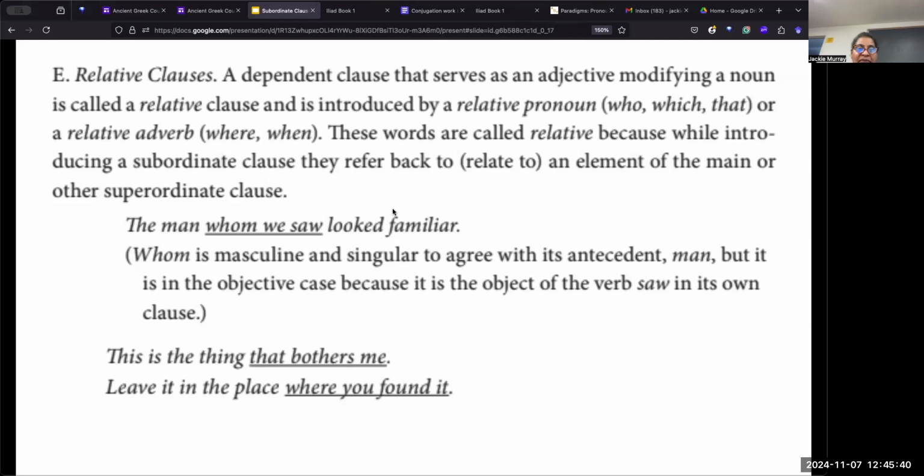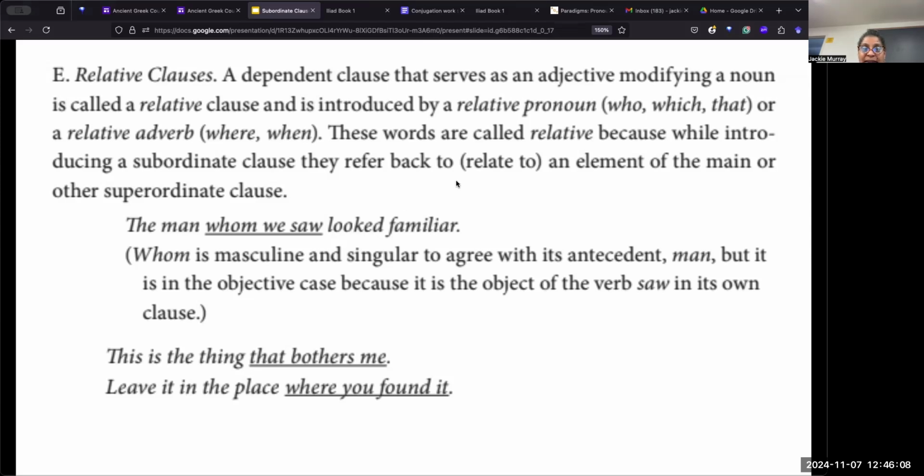So yes, we can modify the noun, and in English we call it the relative clause, when we use the relative pronoun, right? But the idea of the subordinate relative clause in Greek can be expressed a couple of ways. But here we're going to focus on when the relative pronoun is actually used.